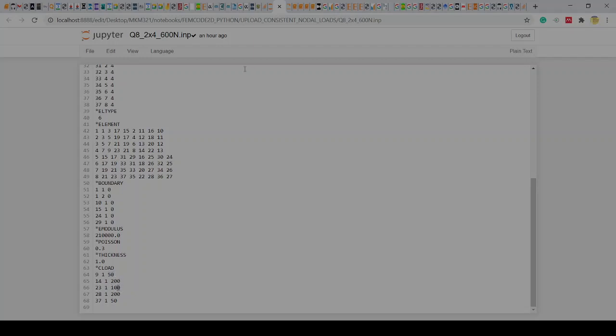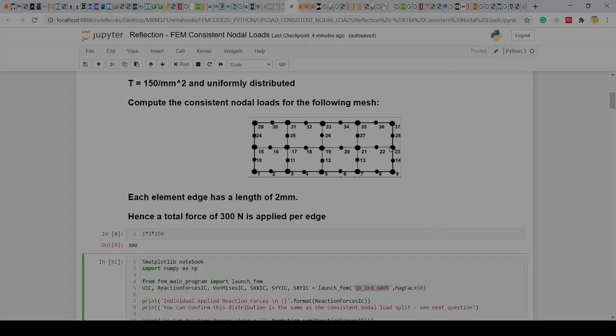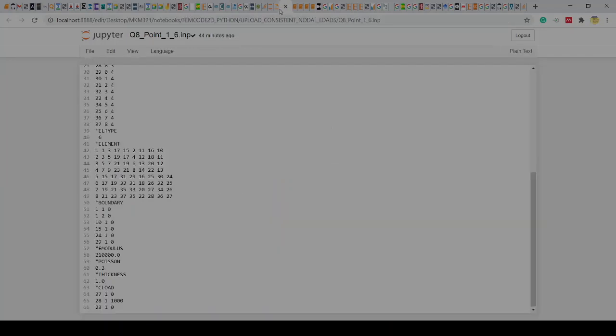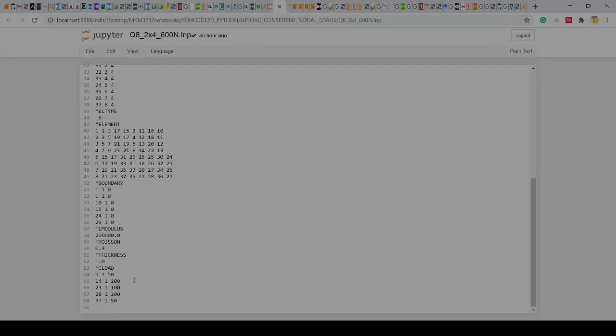The middle node has a 50 contribution from this element. Because this element edge is also 2 millimeters, the total load here is also 300. So 1/6 of this 300 would also be 50, so that's why I get 100: 50 plus 50 is 100 there, and then 200, and again 50. So that's the loading that we've applied.